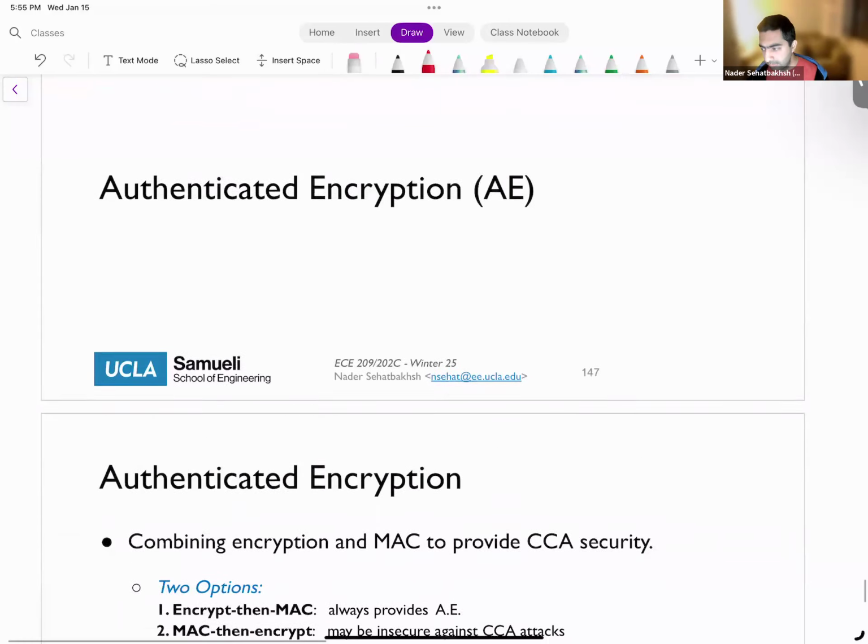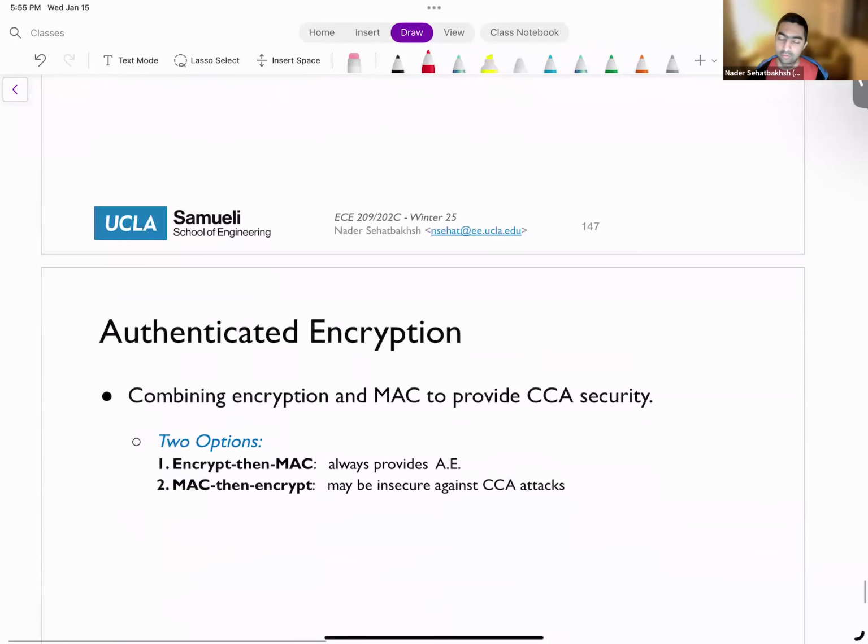Remember I told you in MACs I don't want to encrypt, and in encryption I don't want to MAC. But there are many scenarios where I want both, because if someone encrypts a message, that doesn't mean that the message I'm receiving is the same message that I'm supposed to receive. Again, the adversary can change things, right?